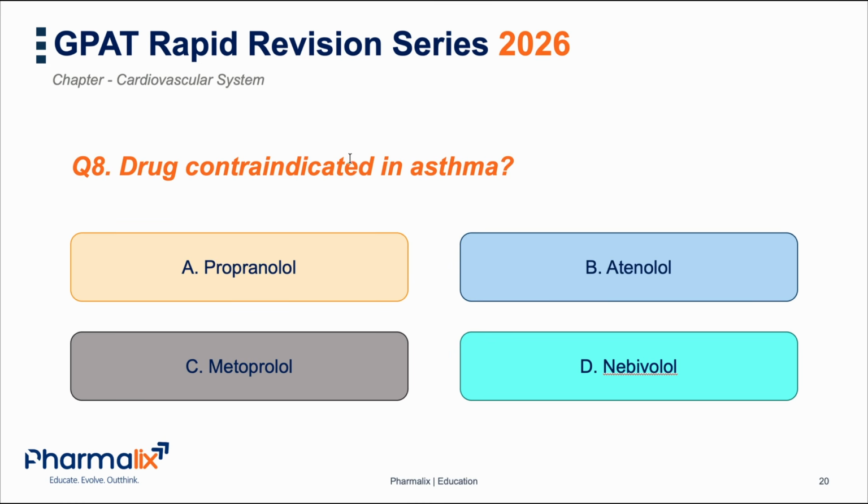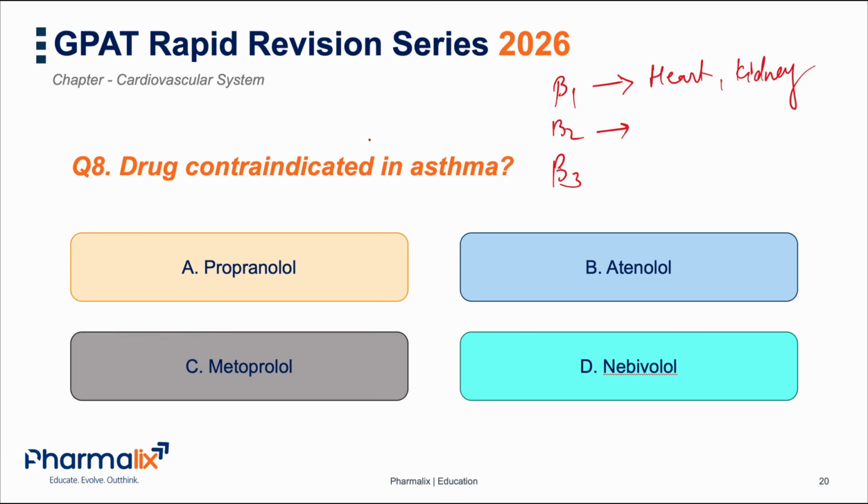Next, drug contraindicated in asthma. What are the drugs contraindicated in asthma, and why? We will understand this also. Before we solve this question, we have to understand the beta receptors. There are three kinds: beta 1, beta 2 and beta 3. Beta 1 is present in two places, the heart and the JG cells of the kidney.